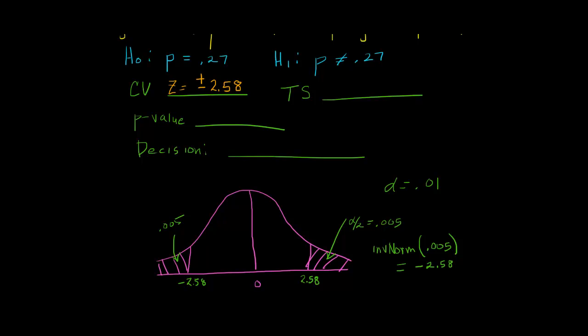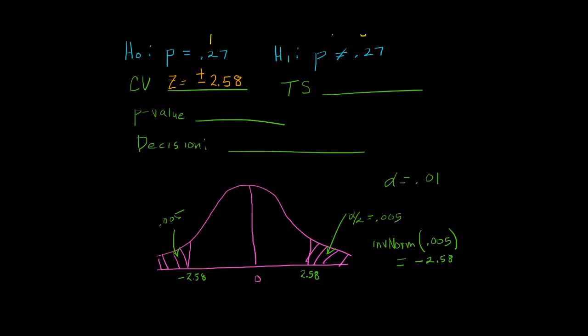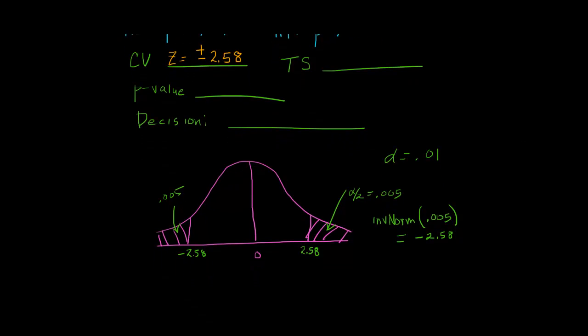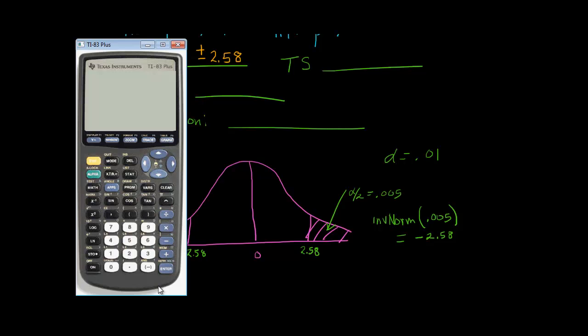Okay, now we're ready to use our one proportion z-test. Alright, our p sub 0 said 0.27.